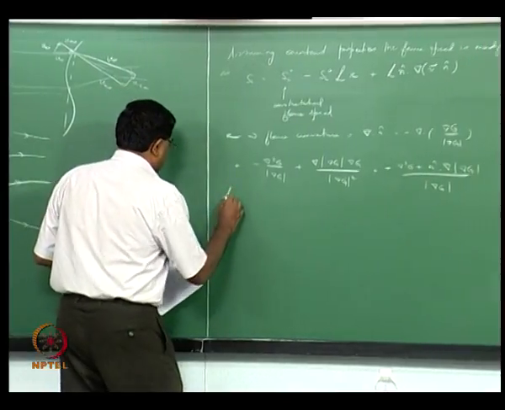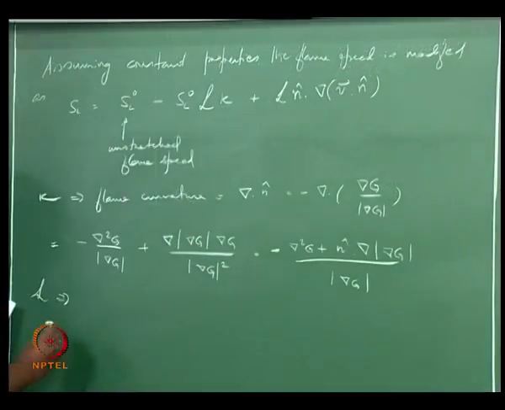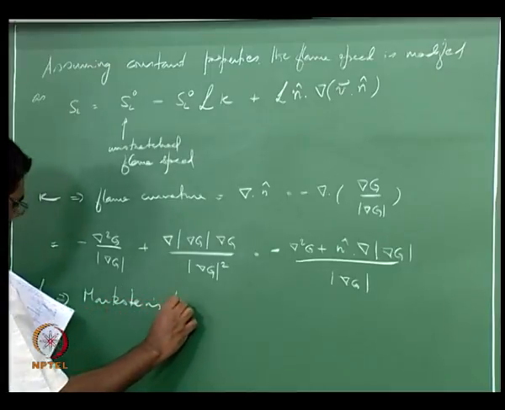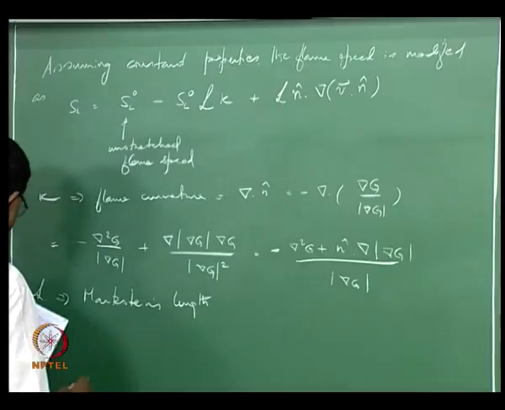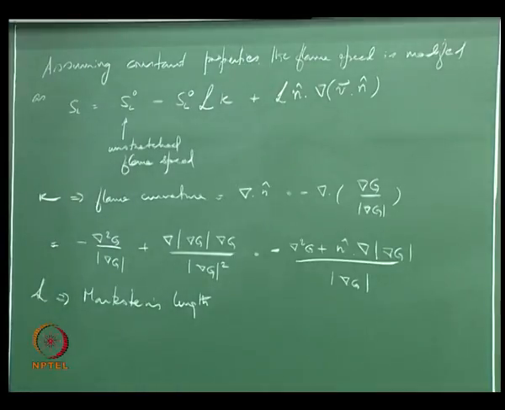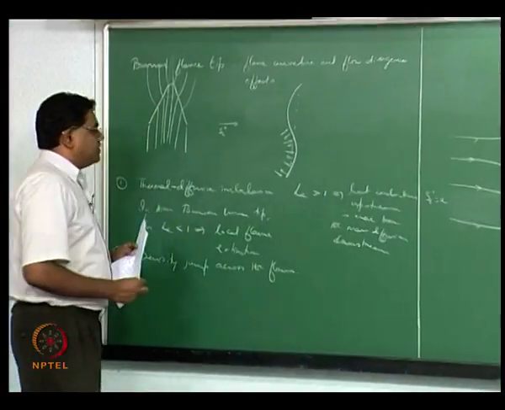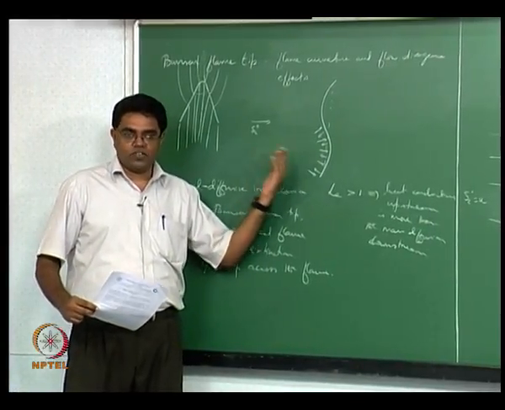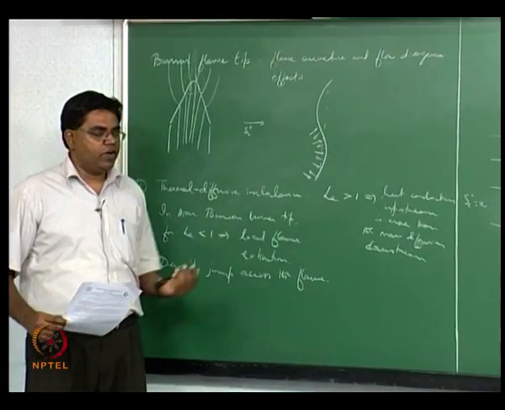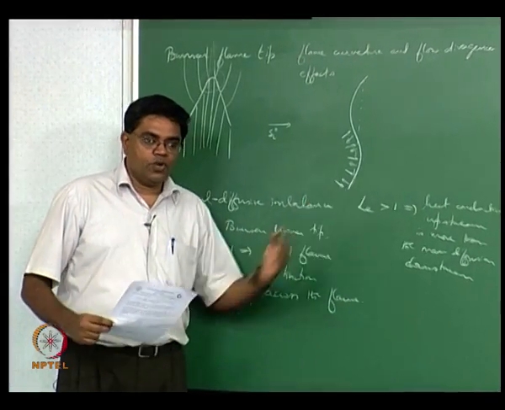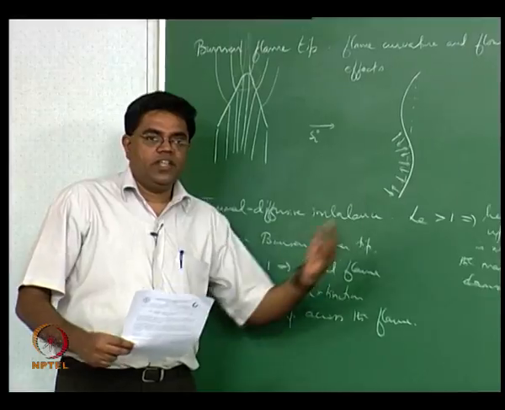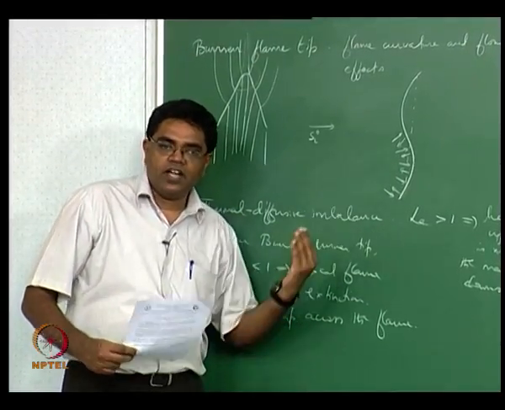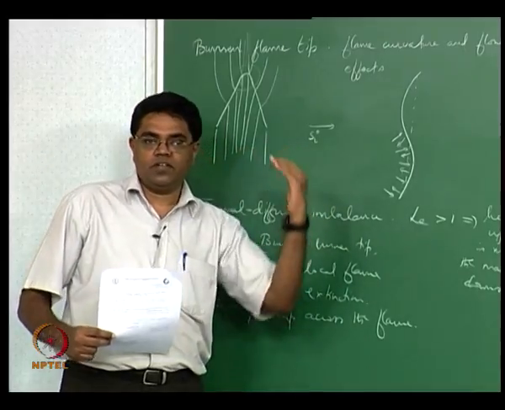L here, the script L, is what is called the Markstein's length, and recall I kept talking about a length scale that is of the order of the flame thickness but not exactly equal, so it's somewhat greater, a little bit greater than the flame thickness, because if you have a flame curvature, the heating effect is going to be felt a little bit further upstream than the original unstretched flame thickness.